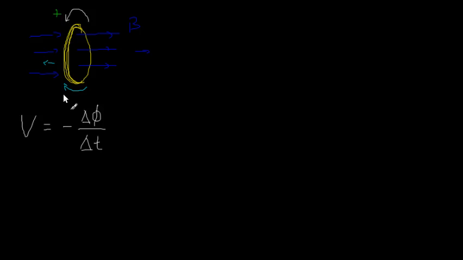In other words, I will get a current that goes in a negative direction. So to represent that, I should use a value that has a minus sign. So if I have an increasing flux, this current induced will go in the negative direction.